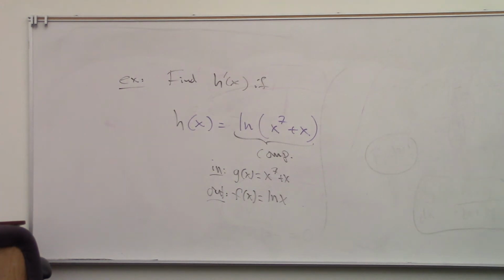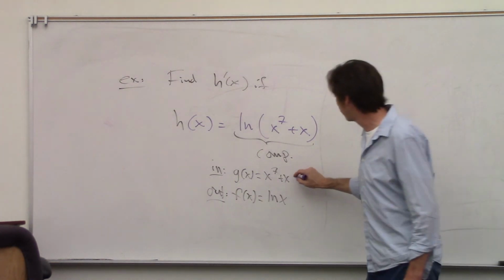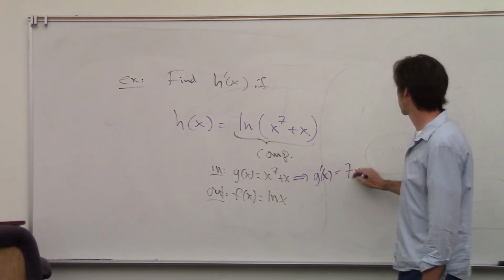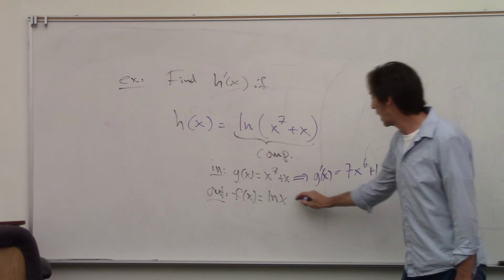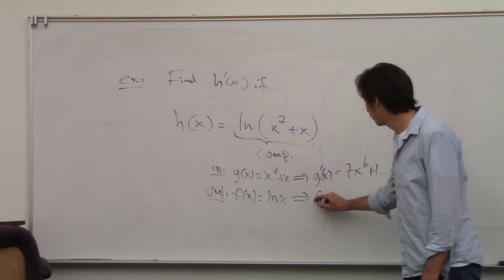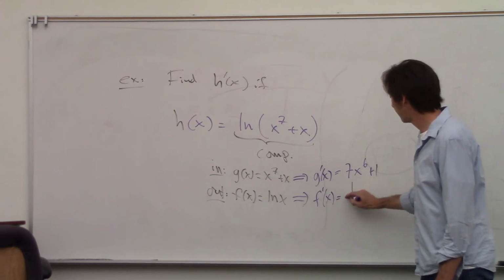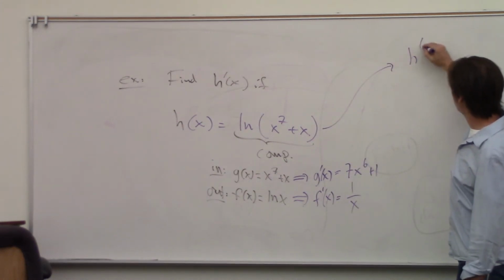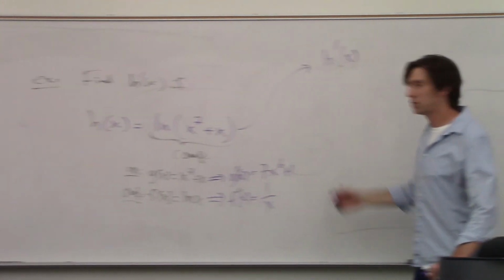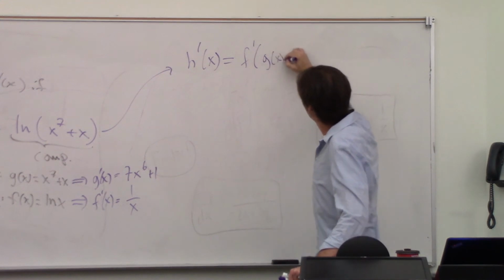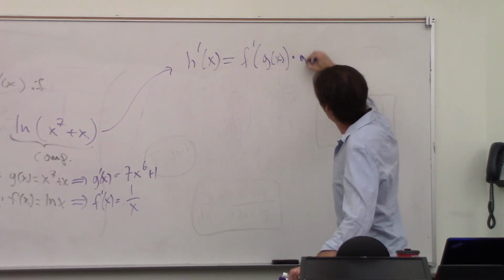I remember from the chain rule that I need both the derivative of the inside, which is g prime of x, that equals 7x to the 6 plus 1. I need the derivative of the outside: the derivative of ln of x is 1 over x, so f prime of x is 1 over x. And now I need to put them together using the chain rule. h prime of x from the chain rule is f prime of the inside times the derivative of the inside.